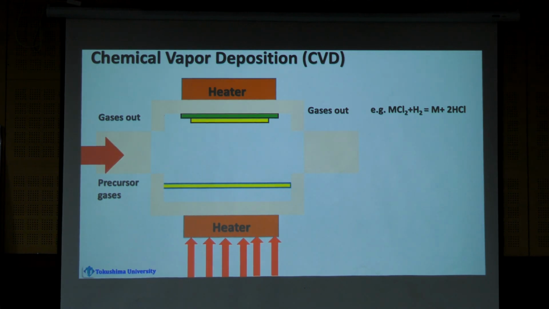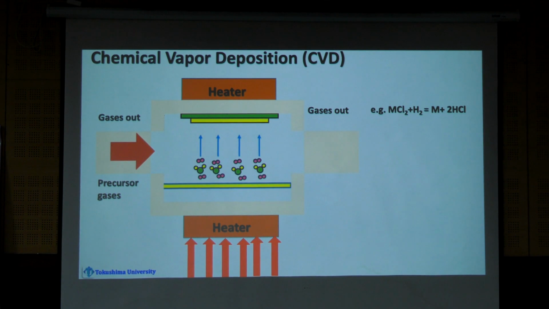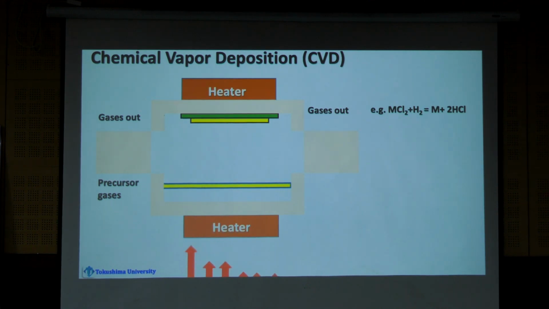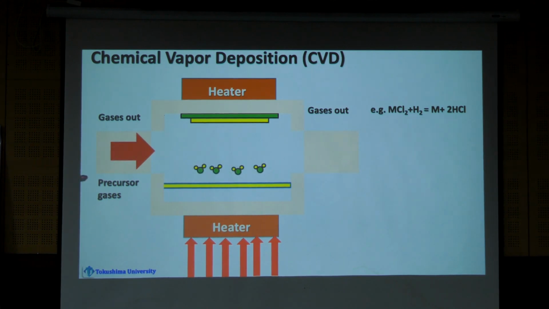When you heat this chamber, this, let's say, green and yellow molecule has two atoms, and you push some hydrogen or argon also to transport this molecule. After a certain time, this movement continues.